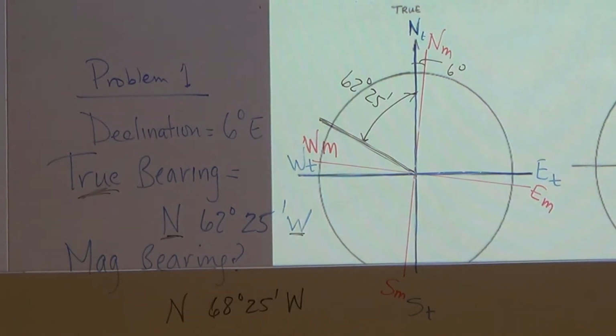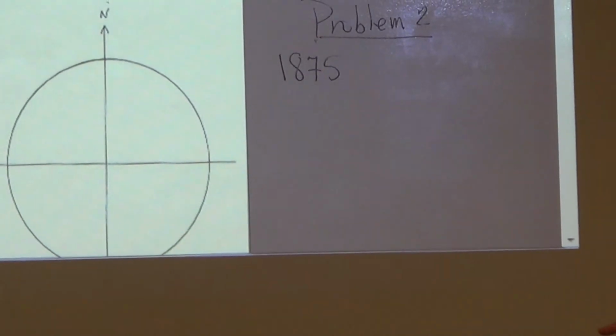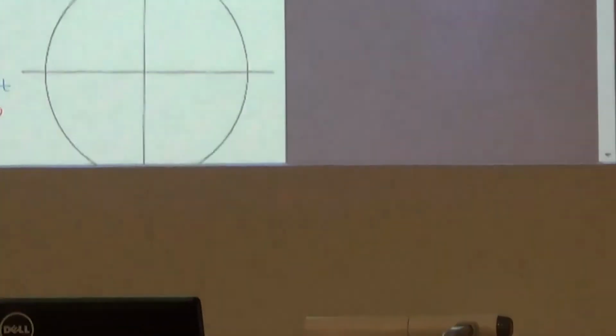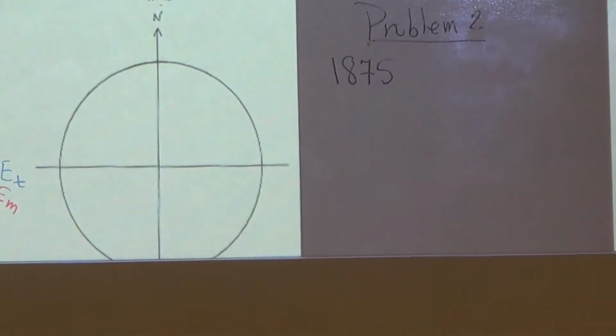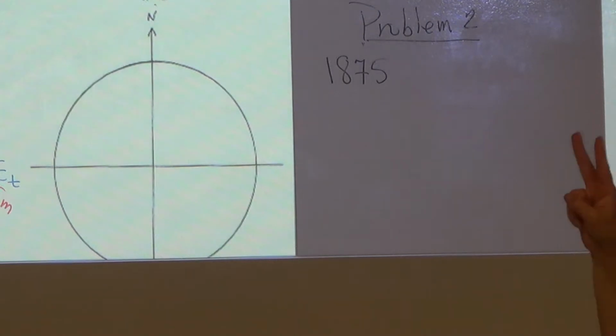How many north, south, east, west axes will I have? 3, right? There's a true one that never changes, a magnetic axis over one time period, and then a magnetic axis over another time period.